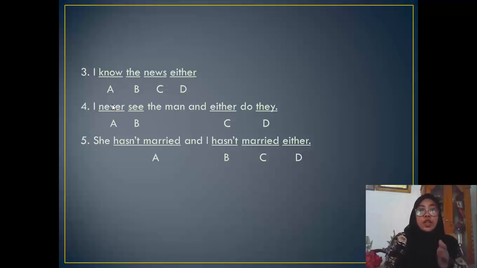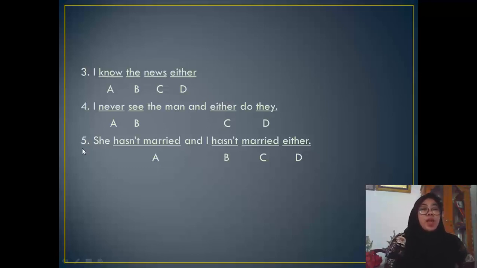So you can use either and neither. How about the subject? The subject is behind the sentence, so we must use neither, not either. So the answer is C. Why? Because either here is wrong, it must be neither.